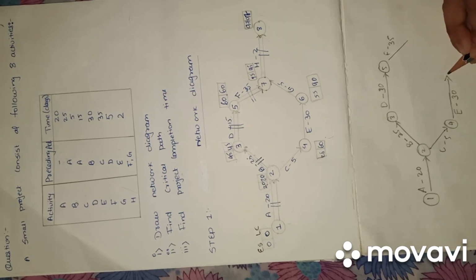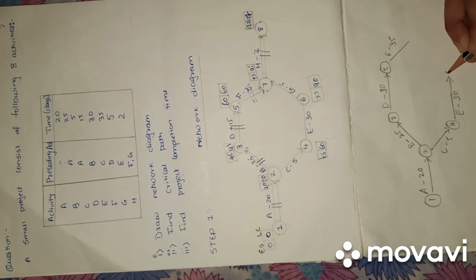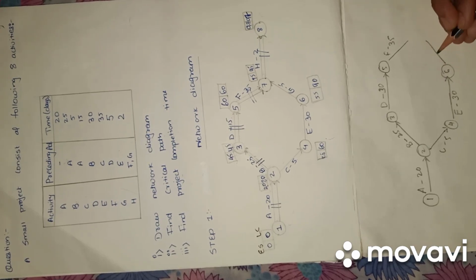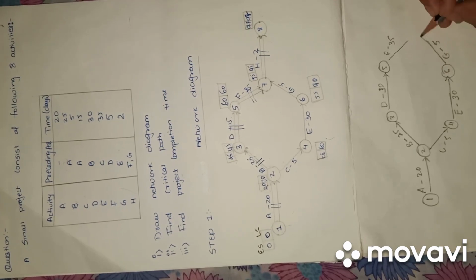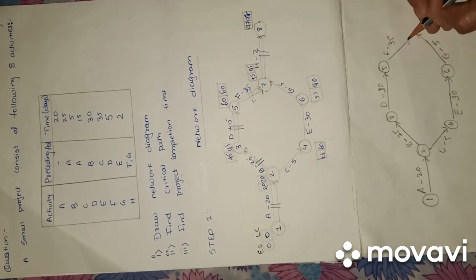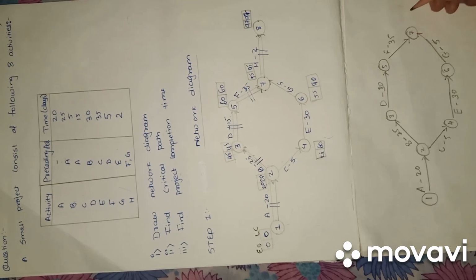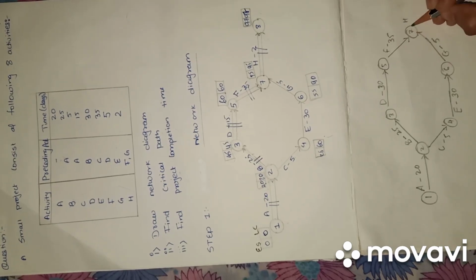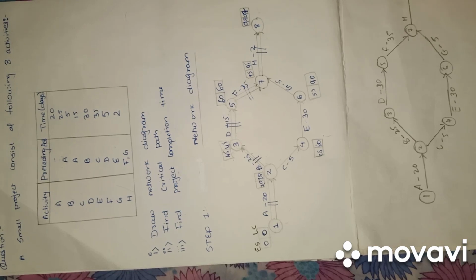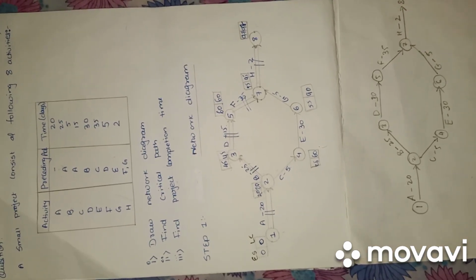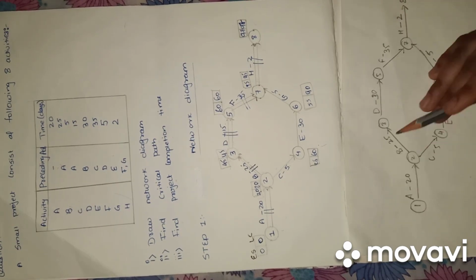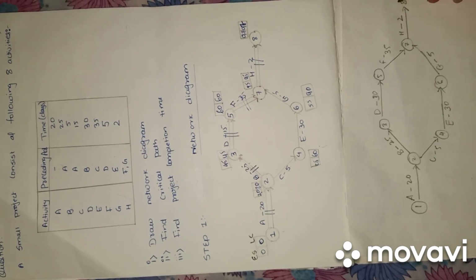And G: E is the preceding activity of G. The timing is 5. F and G are both preceding activities of H, and the last one, H, is the last activity. The timing is 2 for H. 8 is the last node.